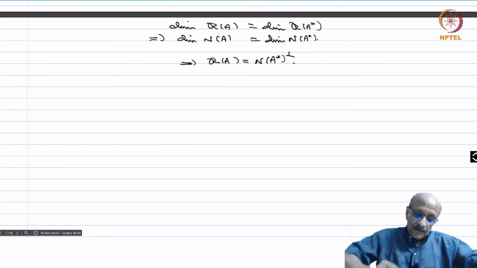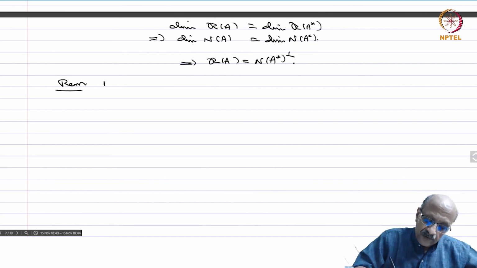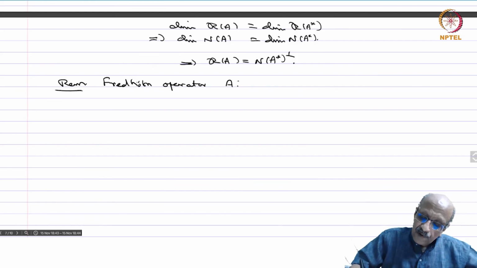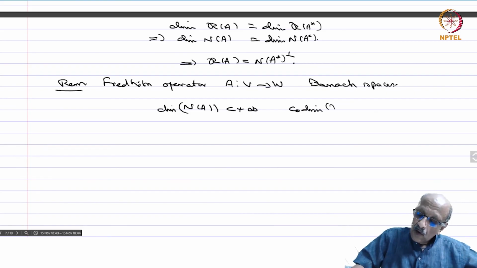Okay, final remark. This Fredholm theory, Riesz-Fredholm theory, is the starting point of the study of Fredholm operators. So a Fredholm operator A from V to W, Banach spaces, is such that the dimension of N(A) is finite, and the codimension of the range of A is also finite.